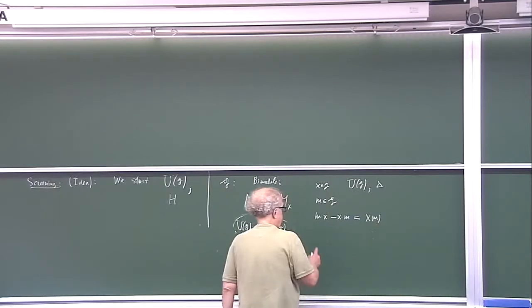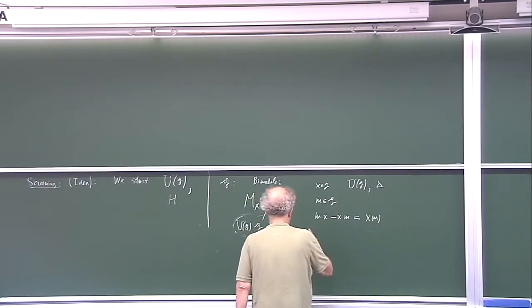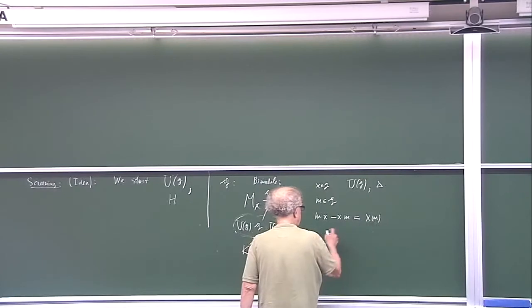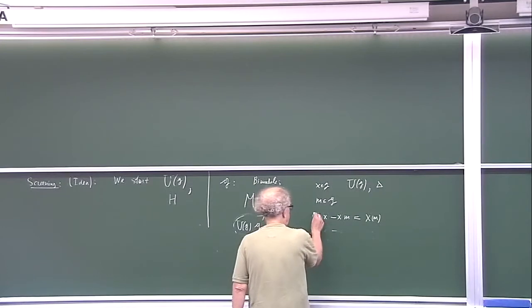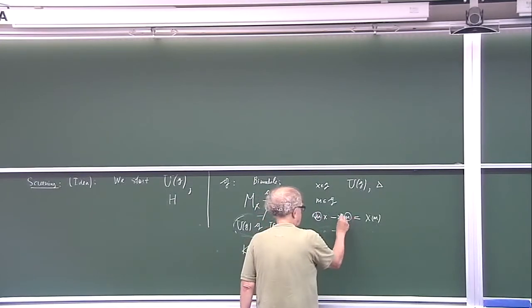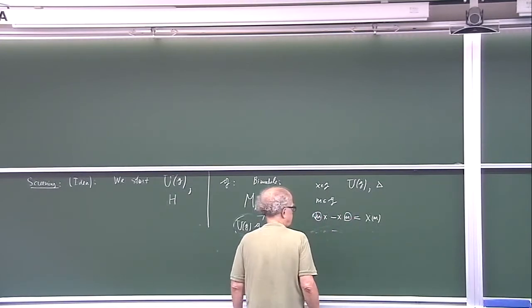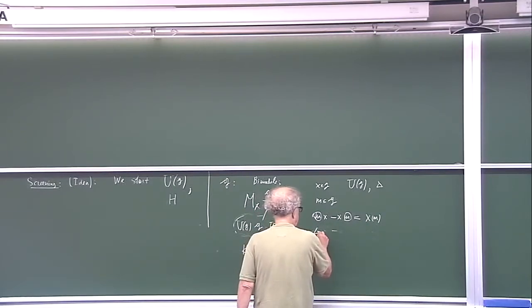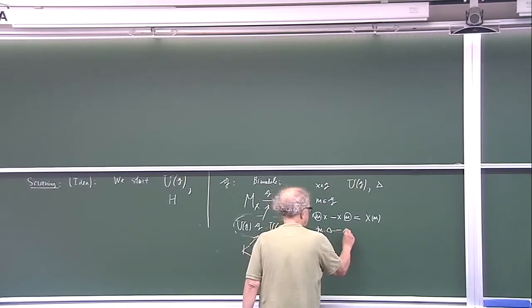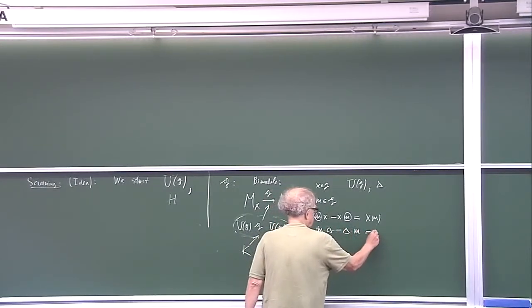It means that, in addition to this relation, we have the following: delta times X, for M an element from the generators, so M times delta minus delta times M is 0.